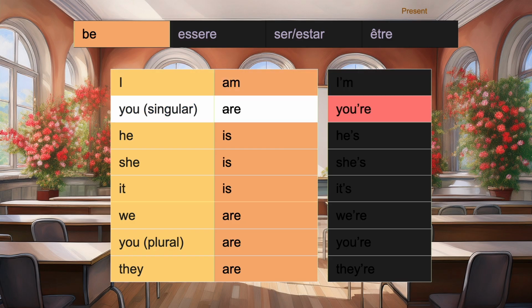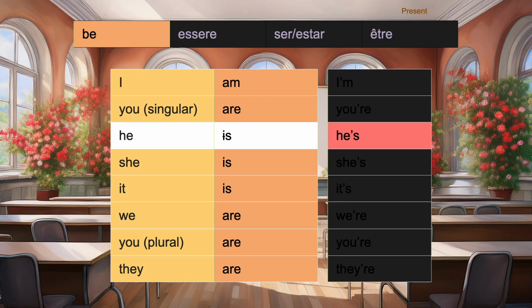Let's look at the words you are. Instead of saying you are, you can combine the two words, delete the A, add an apostrophe, and say you're. So you can say you are or you're.